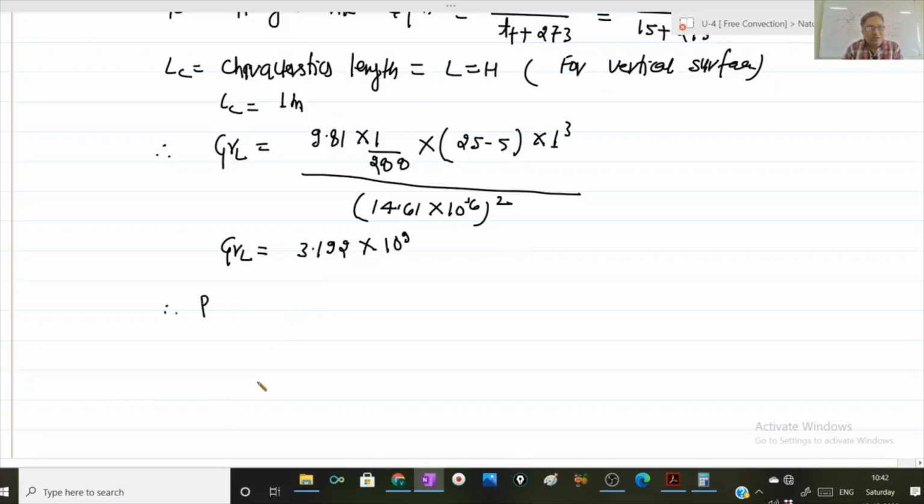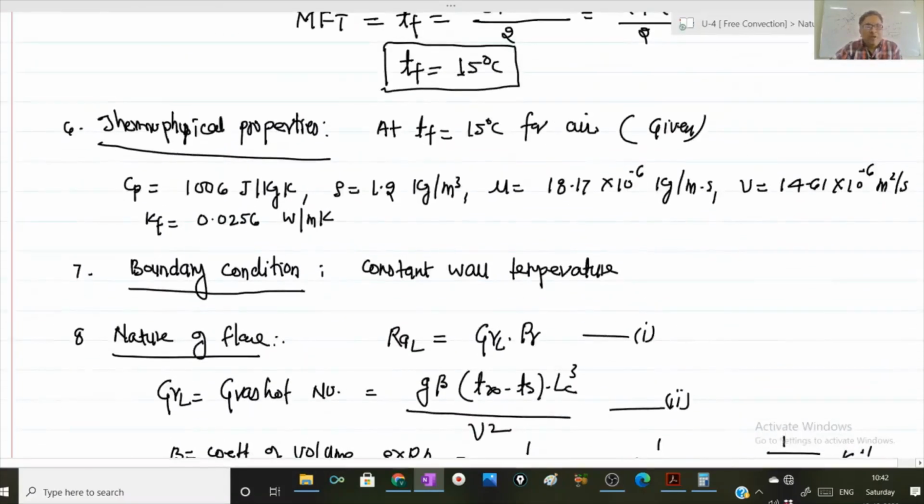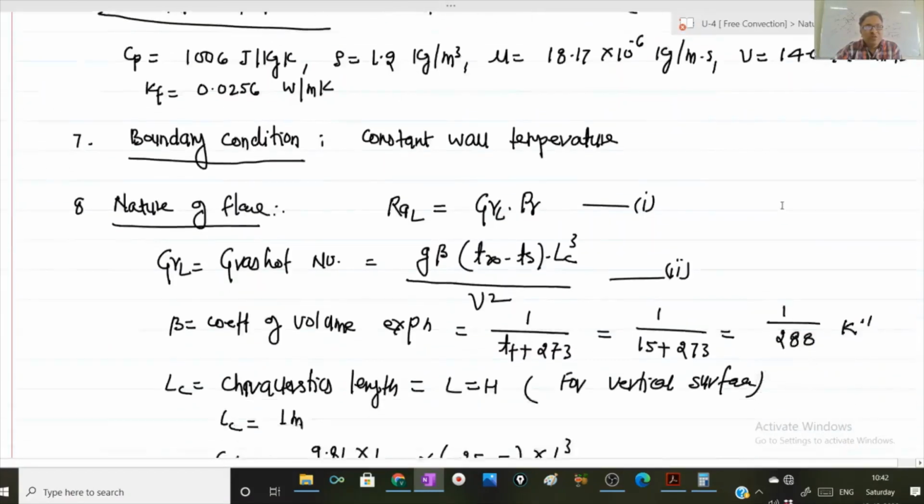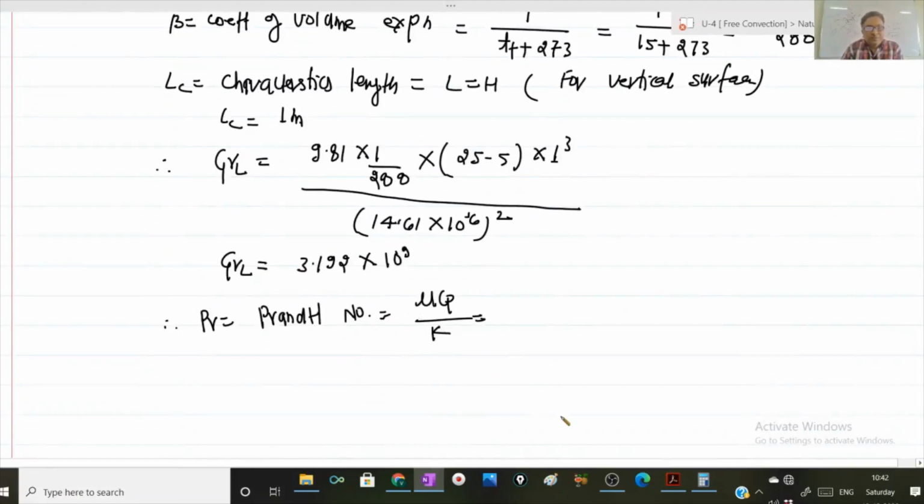Similarly, I can calculate Prandtl number, which can be calculated as mu Cp over K. The value of mu is 18.17 into 10 to power minus 6, Cp is 1006 and Kf is 0.0256.